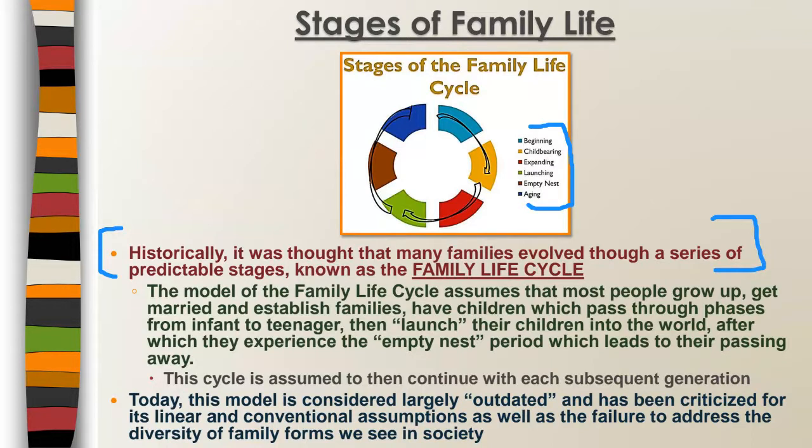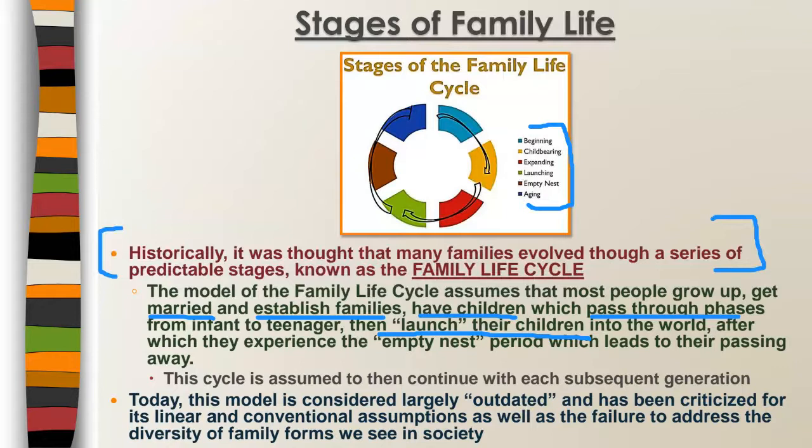So this life cycle of the family assumed that most people grow up, they get married, they establish their families, they have children, the children pass through phases from infant to teenager, and then they launch their children into the world, send them off to college or off to get married or go get a job.